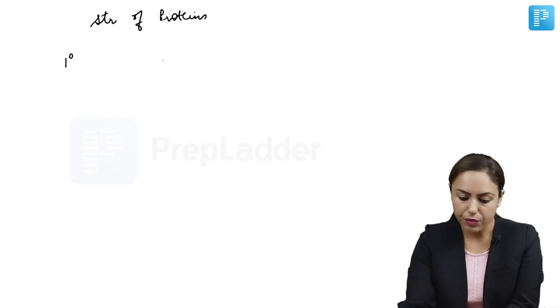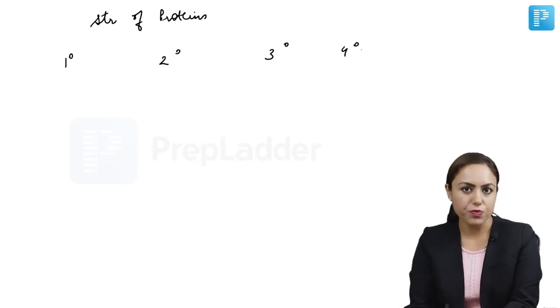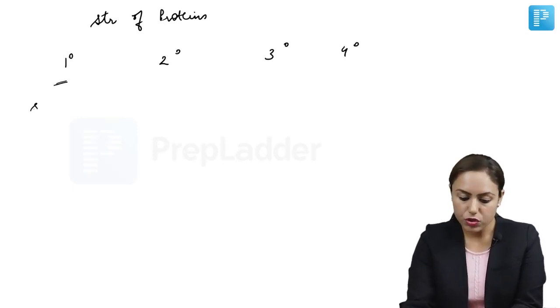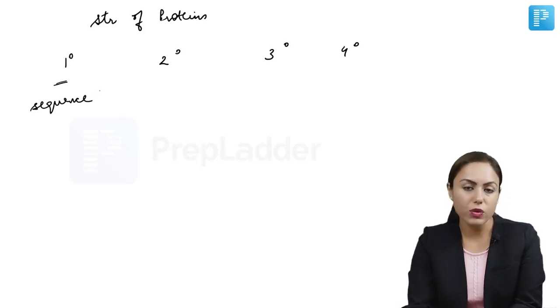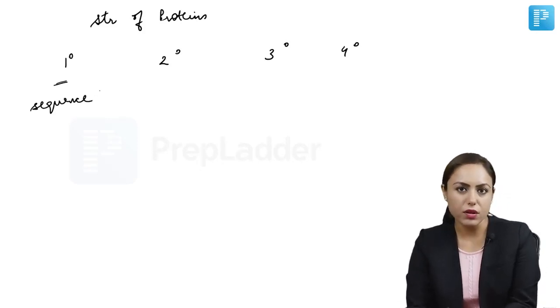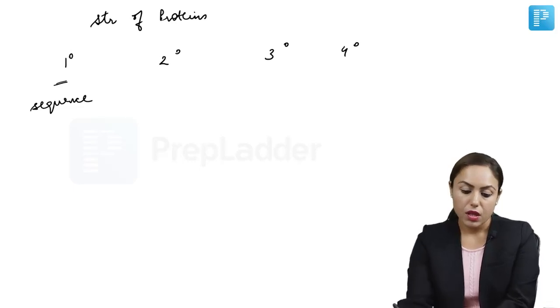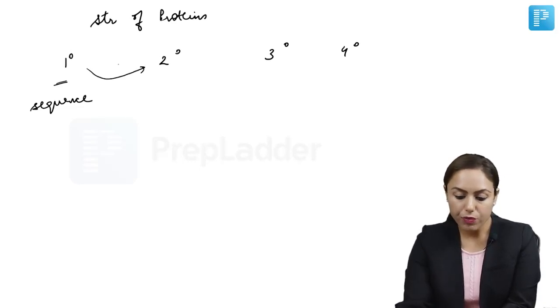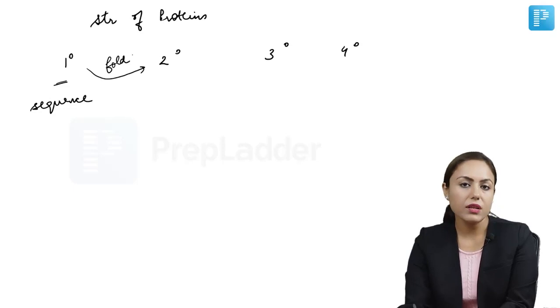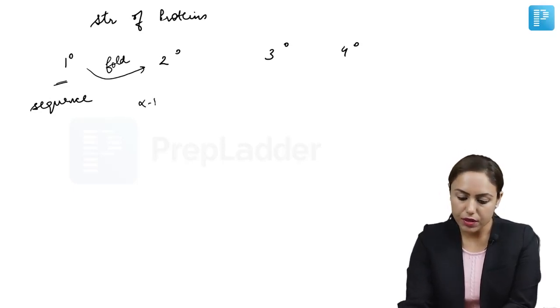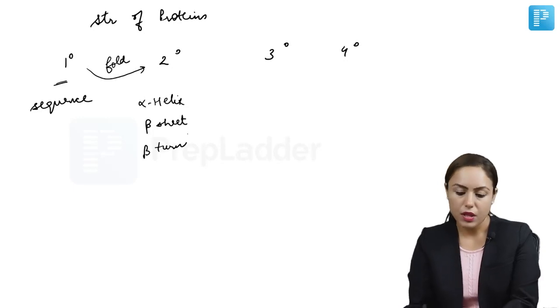Proteins have primary, secondary, tertiary and quaternary structure. Okay, primary structure is the sequence of amino acids all attached together in a line. Okay, now folding of the primary structure will give rise to secondary structure. Examples of secondary structure are alpha helix, beta sheet, beta turn, right?